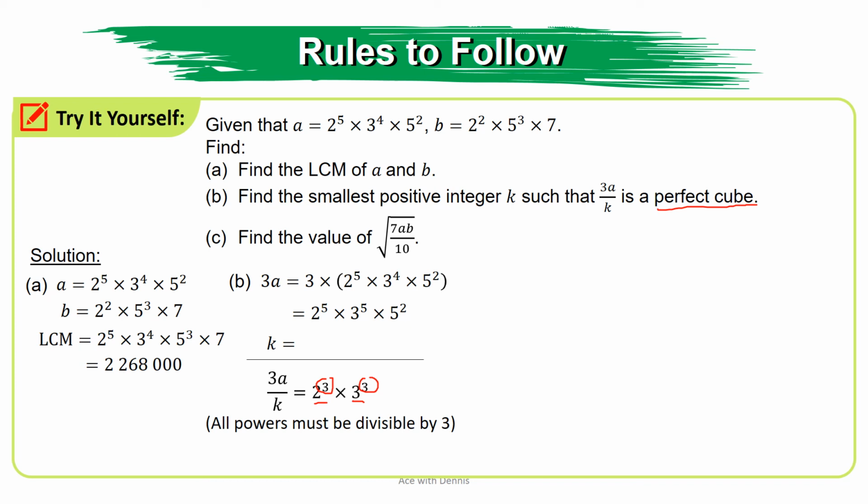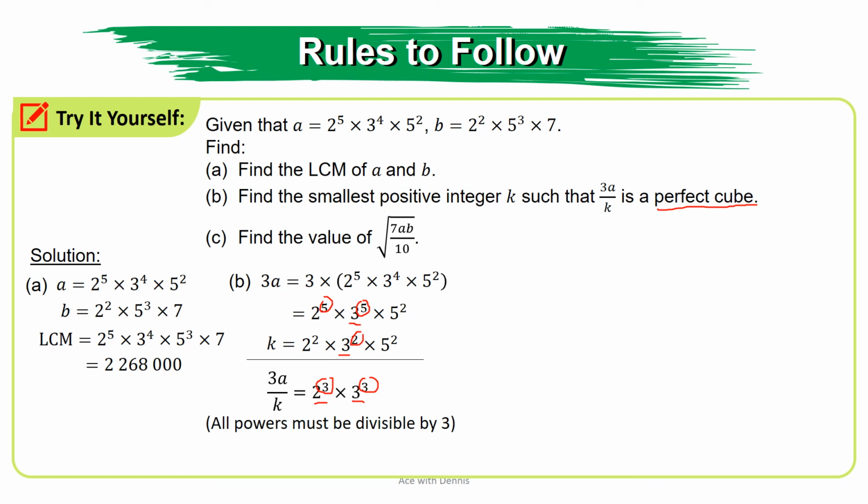So what will be the value of k? This is a division, so we need to do the minus. For 2 to the power 5, k must be 2 squared, so that when we divide, the power is 5 minus 2, and we get 2 cubed. Similarly for 3, 3a is 3 to the power 5, so k must be 3 squared, so that 5 minus 2, we get 3 cubed.